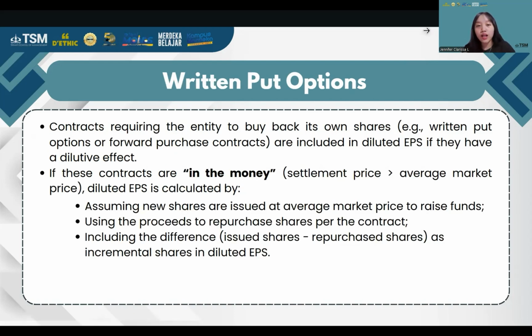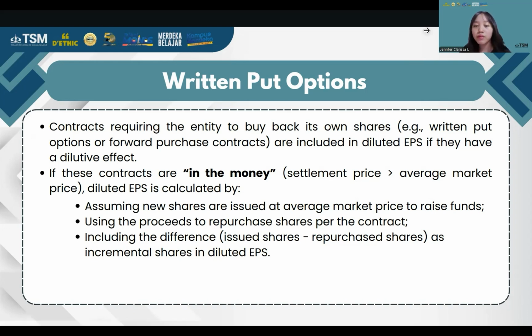Okay, so next one is written put options. Written put options are contracts where the company is required to buy back its own shares. So if these contracts are in the money, meaning the settlement price is higher than the average market price, they can have a dilutive effect on diluted EPS.